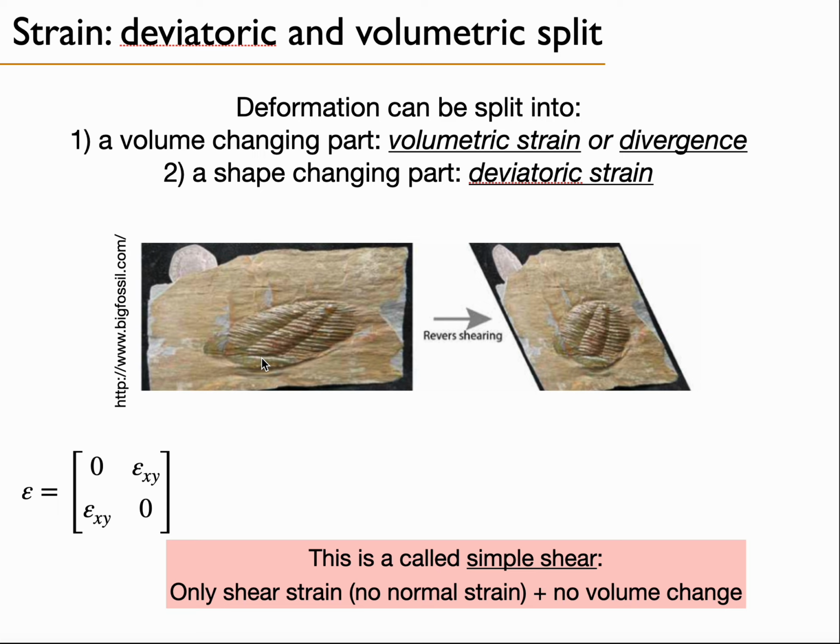Here you see a trilobite that you can, for example, observe in the field. You collect it and people try to correct the shape. So you can quantify the deformation that the rocks underwent by correcting the shape of a trilobite. So initially it's like this. It means the rock has suffered this deformation during its history.